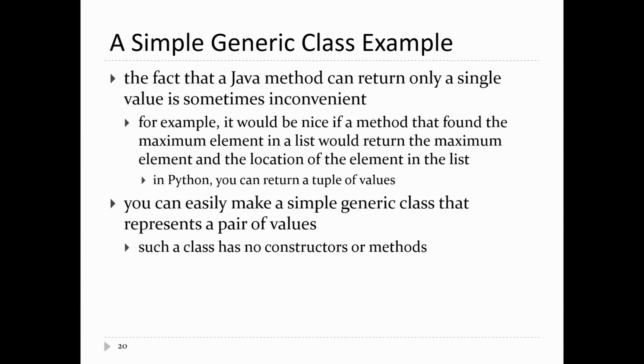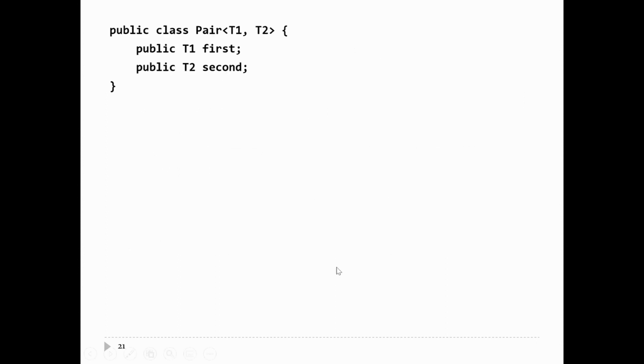So I can't return a tuple in Java, but I can make a class that represents a tuple, or in this case, a pair. So a pair of values, and it's easy to do. I can even make it generic. So my class Pair is a generic class. Its generic types are T1 and T2. It's got two fields, first and second.